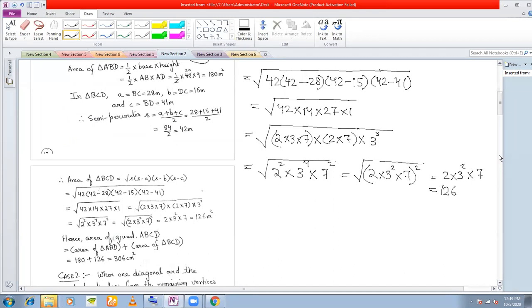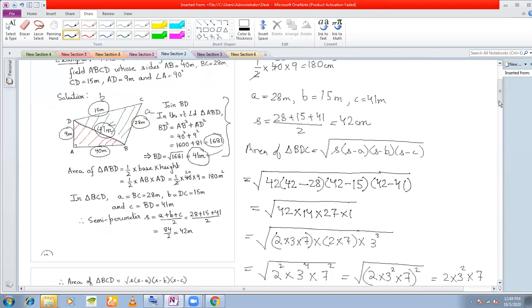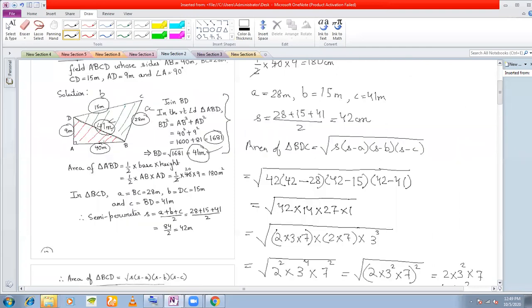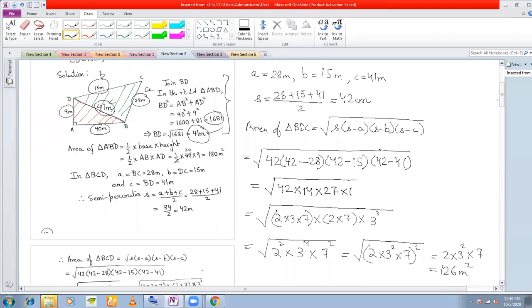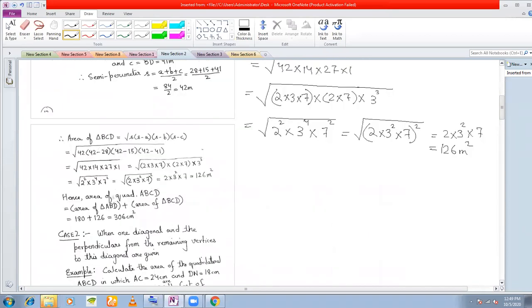So the area of the green shaded triangle here by Heron's formula is 126 meters square. So what is the total area? What is the area of the quadrilateral? The red shaded triangle plus the green shaded triangle. The red shaded triangle, we had found out the area to be 180 centimeters square, and the green shaded triangle, we found out the area to be 126 by Heron's formula.